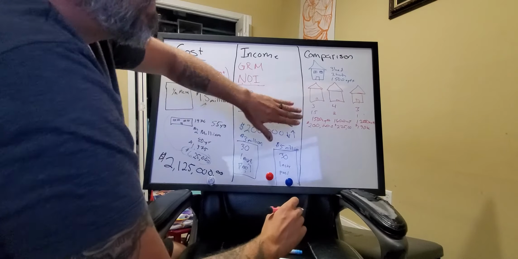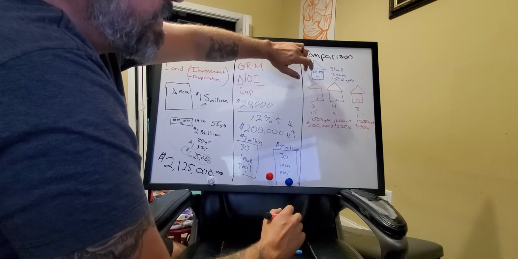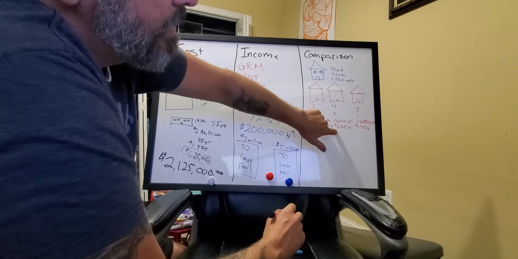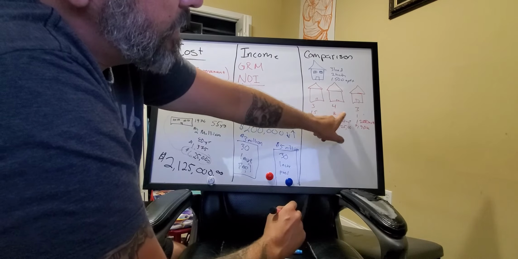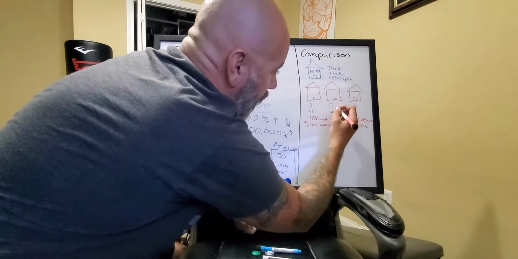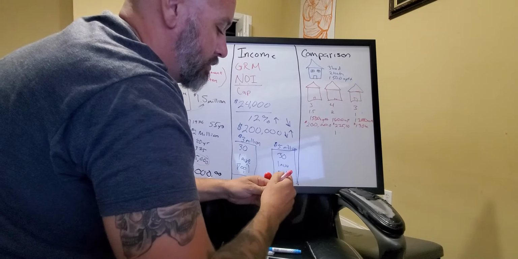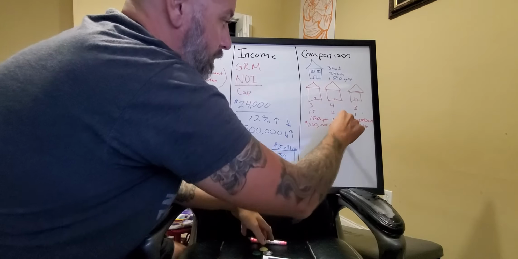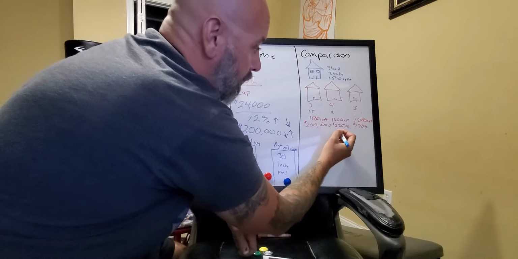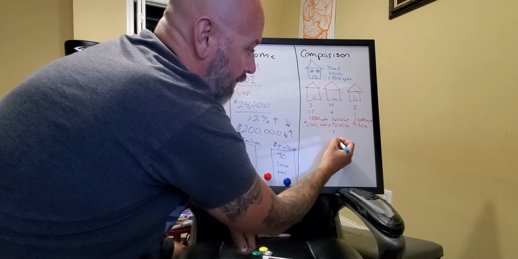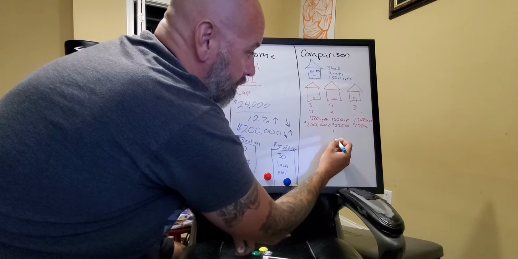So what they'll do here to get you a price for this, for an appraised price for this, is they'll look at these and see, okay, this one is a little bigger. So we got one more bedroom. We got same amount of bathrooms.